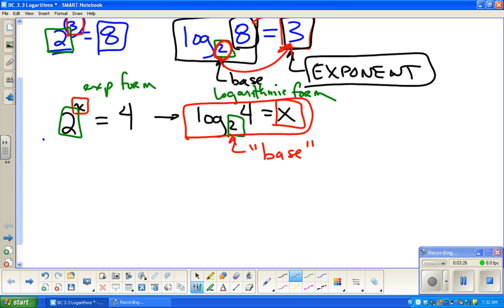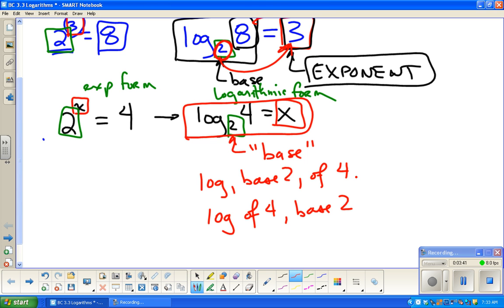So this is not log of 2 of 4. This is log base 2 of 4. Or you could say log of 4 base 2. Either of those are fine, but when you're talking about the 2 in this particular example, you have to say the word base.